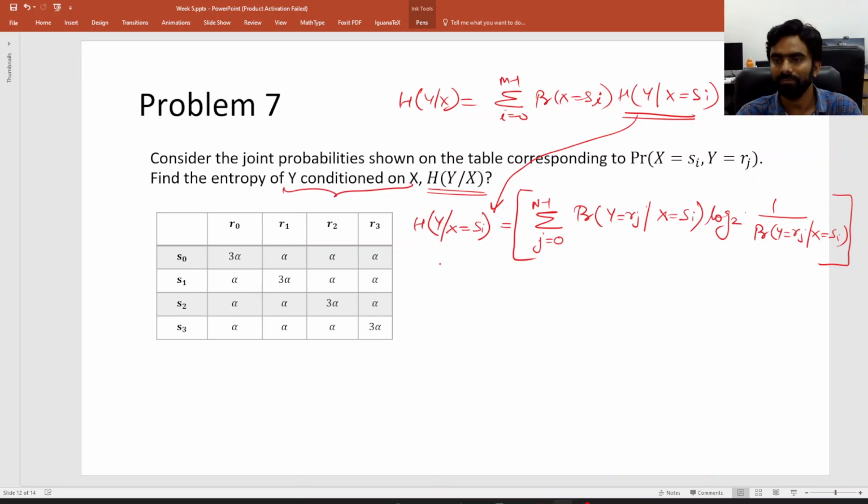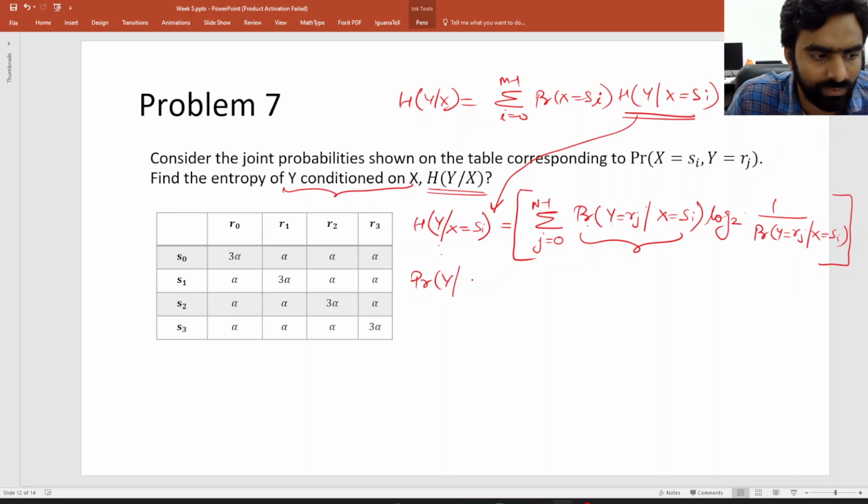First we have to calculate this probability: probability Y equal to r_j given X equal to S_i.